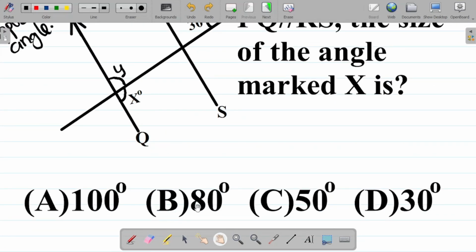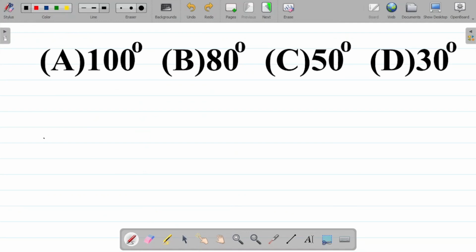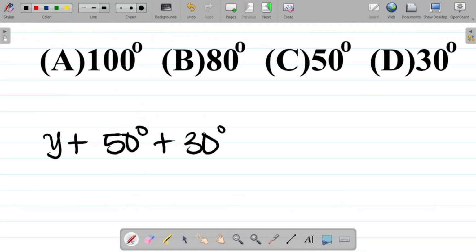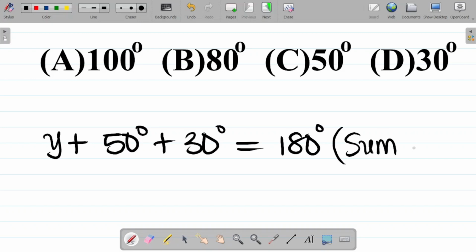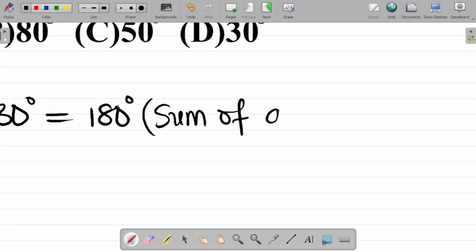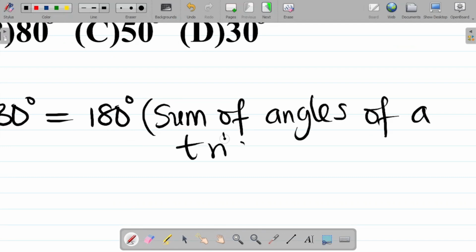So if I sum y, I have y plus 50 degrees plus 30 degrees equal to 180 degrees. This 180 is from the sum of angles of a triangle.